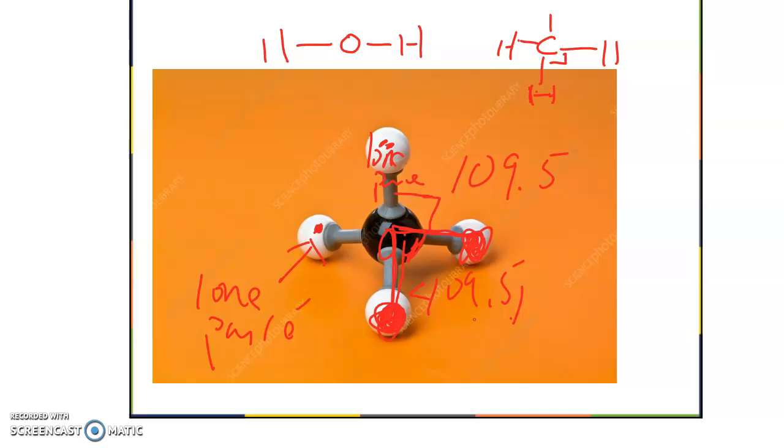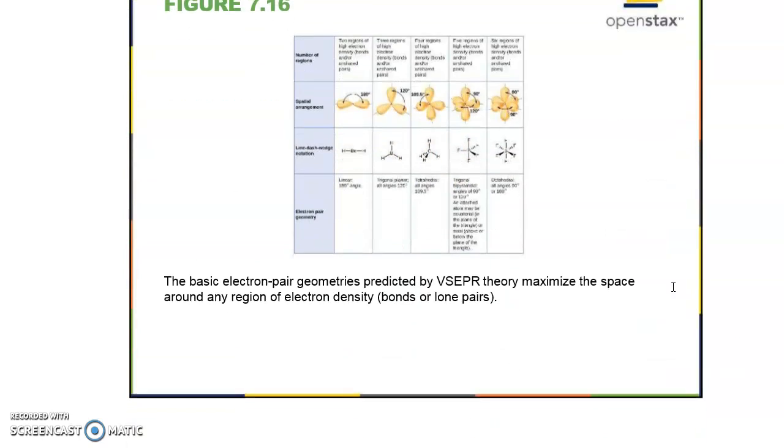Okay, so let's look at another one. What happens with this one? How about the formaldehyde that we have seen before? Carbon over here, oxygen over here, and hydrogen over here, hydrogen over here.